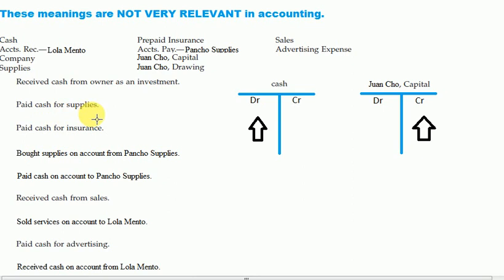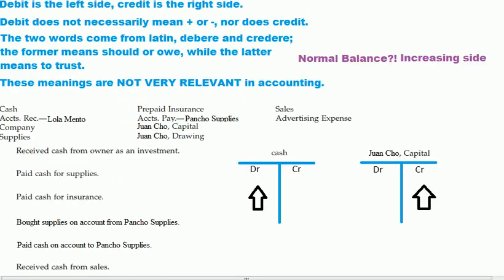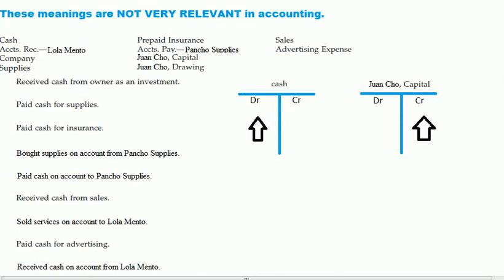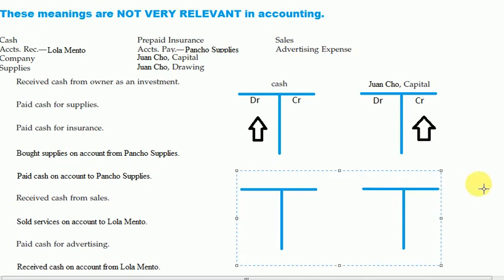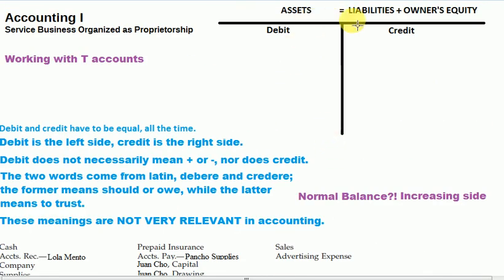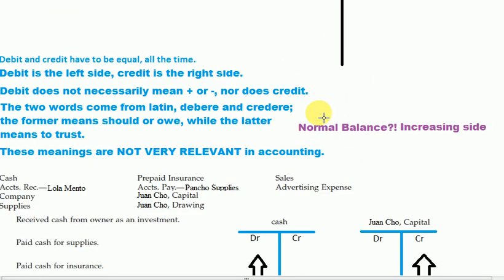Now let's look at this transaction right here. Pay cash for supply. Again, I'm going to draw two T's. I'm going to identify the two accounts involved and ask myself the question, where do they belong? Pay cash for supply.